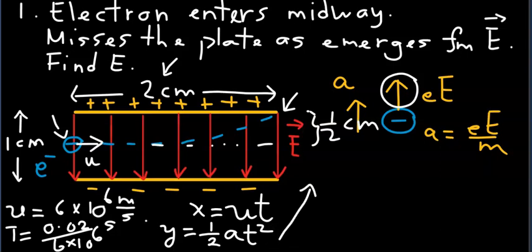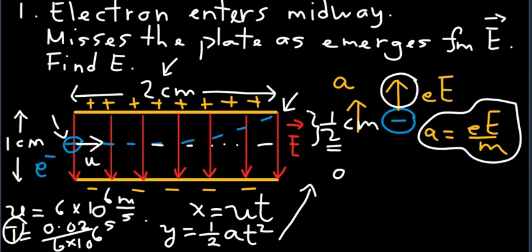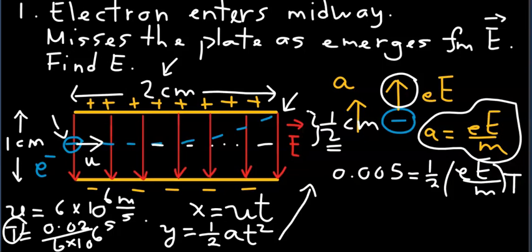Since in time capital T it would have traveled a distance of half a centimeter with this much acceleration, putting everything together we get y, 0.005 meter (half a cm converted into meters), equals half times the acceleration, which is electronic charge times the magnitude of the electric field that we are interested in over the mass of the electron, times capital T squared.